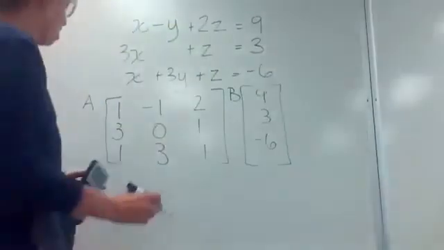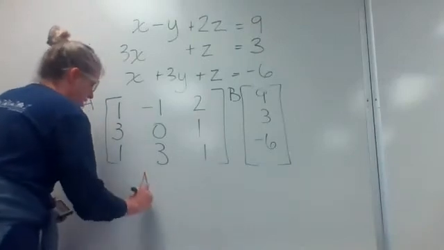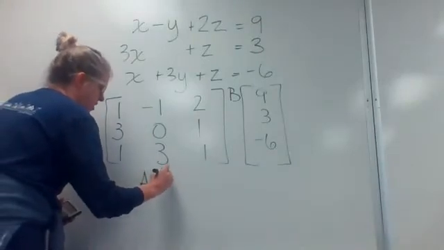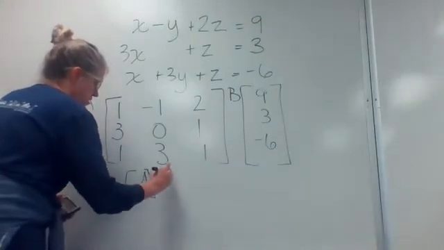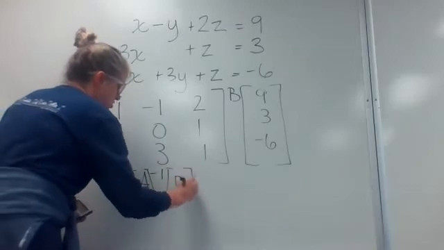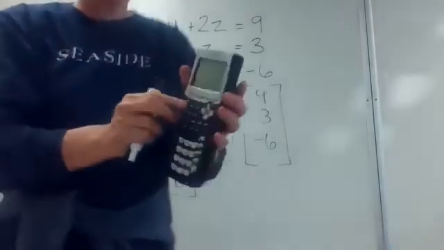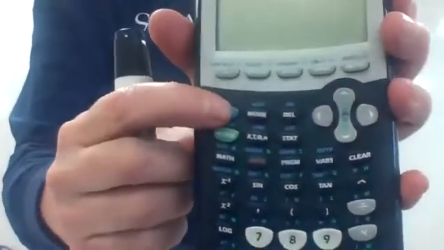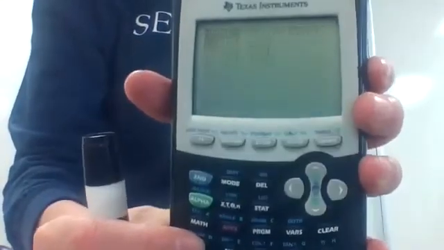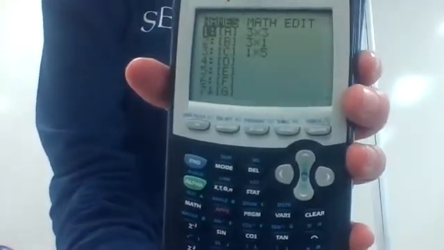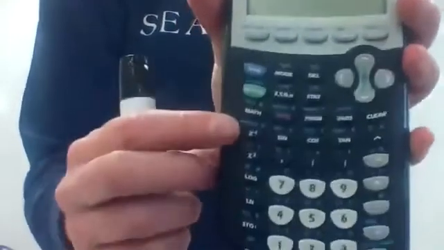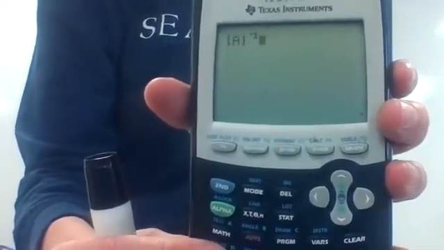Now remember, to solve this you're going to do matrix A to the -1 times matrix B. So you'll just hit second, matrix, enter for matrix A. Then hit this X to the -1 button to give it the -1.